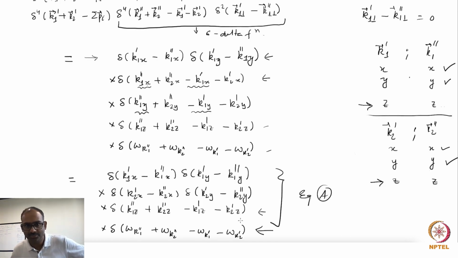Now from this one I conclude that the z components also match.